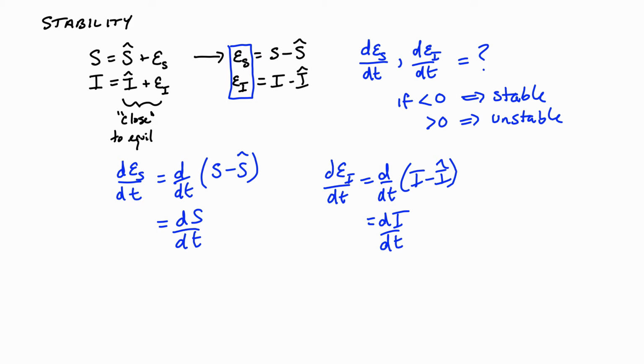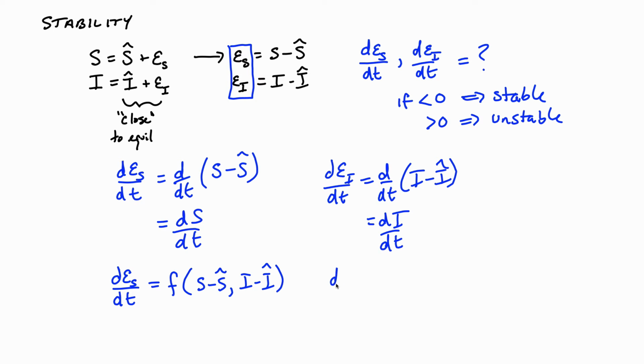Since this is a nonlinear model, we can't just skip straight to the matrix and find the eigenvalues and be done. We're going to end up having to make a linear approximation to our system close to the equilibrium point. So I'm just going to quickly define my two functions here. d epsilon s by dt is going to be some function f, and it's a function of s minus s hat and I minus I hat.